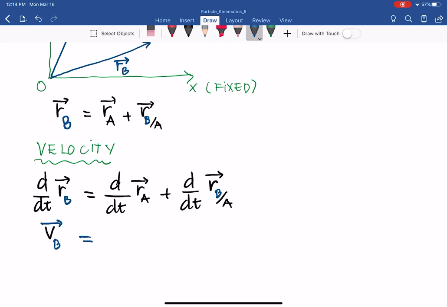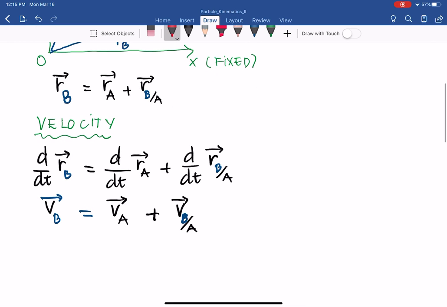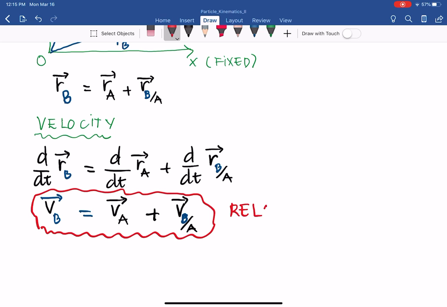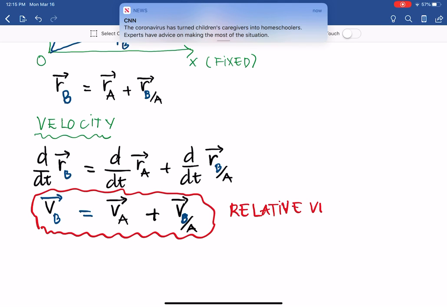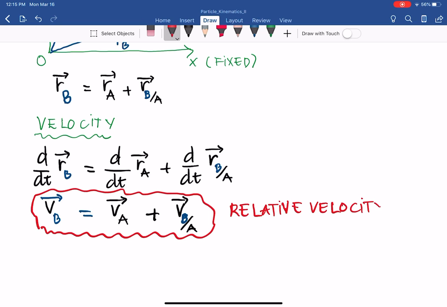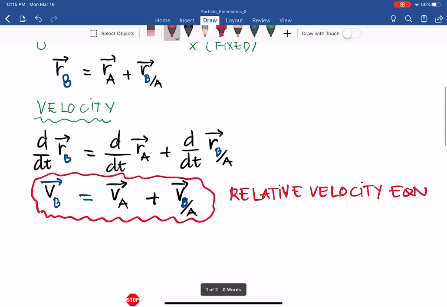Similarly, dRA over dt will be the velocity of particle A. And then this RBA from A to B with regard to time, first derivative, we have that it will be V relative to A of particle B relative to particle A. And this equation, we call a relative velocity equation.